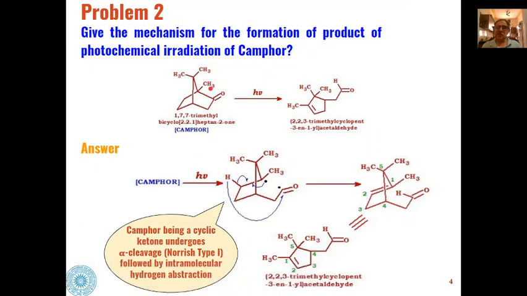And again, as you have seen in the first problem, the more substituted bond will be cleaved because this will give a more stable free radical. So here an alkyl free radical and an acyl free radical will be formed by alpha cleavage of the camphor.